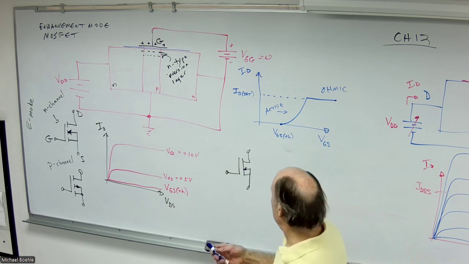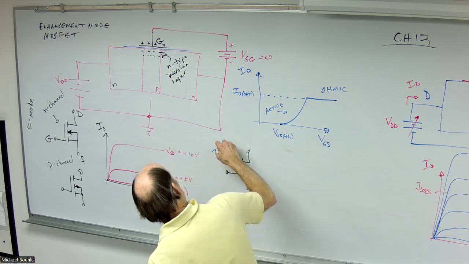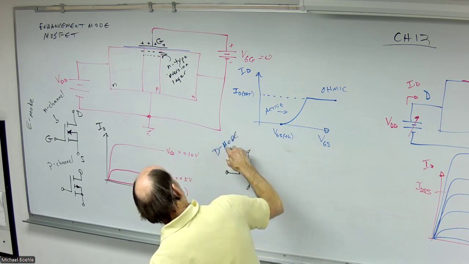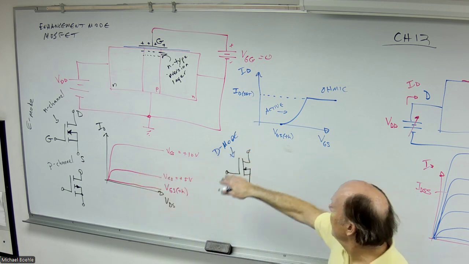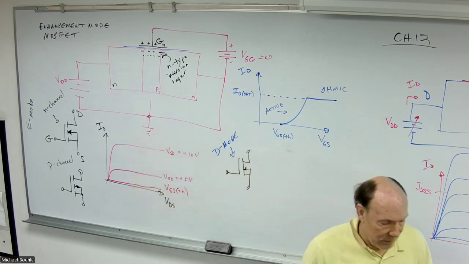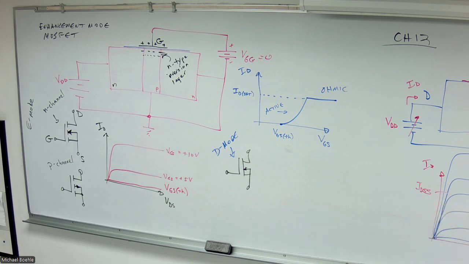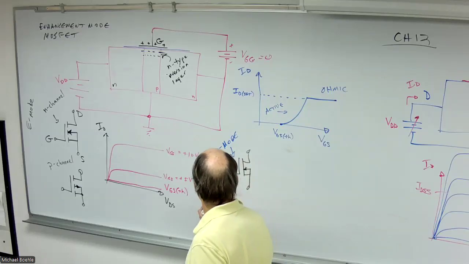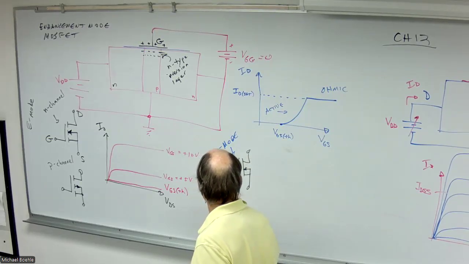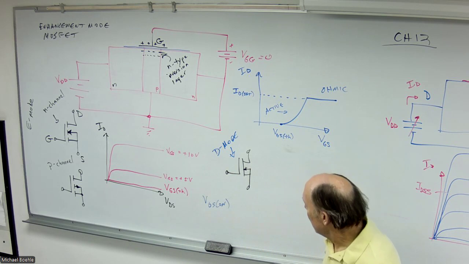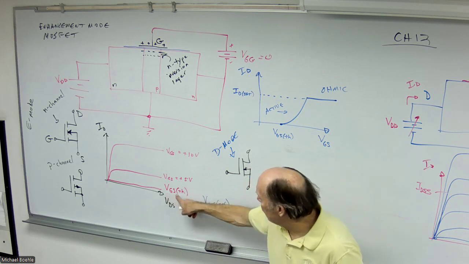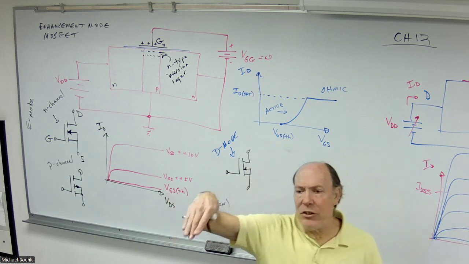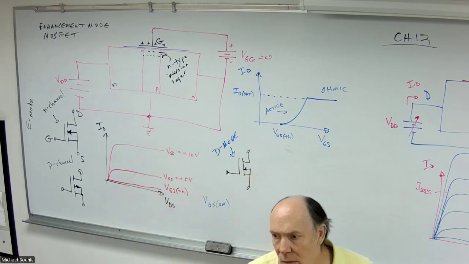So how do we guarantee that we're in the ohmic region? Well, I essentially have this curve here. But what we're going to focus on is we are going to essentially define a gate source on voltage. So the gate source threshold voltage is right here. That's whatever the minimum voltage is to start to get current to flow.